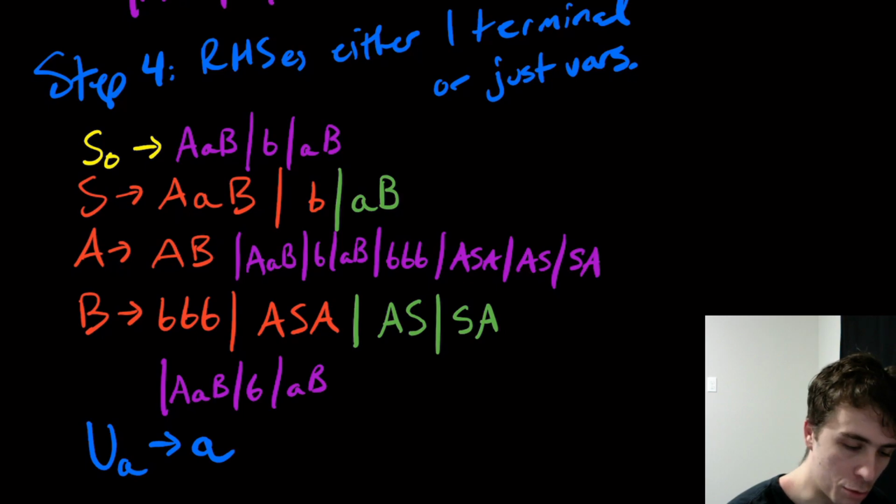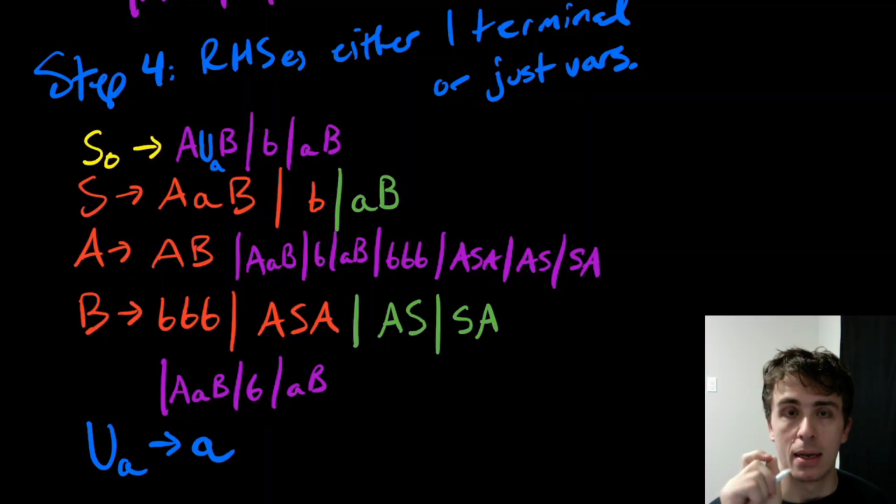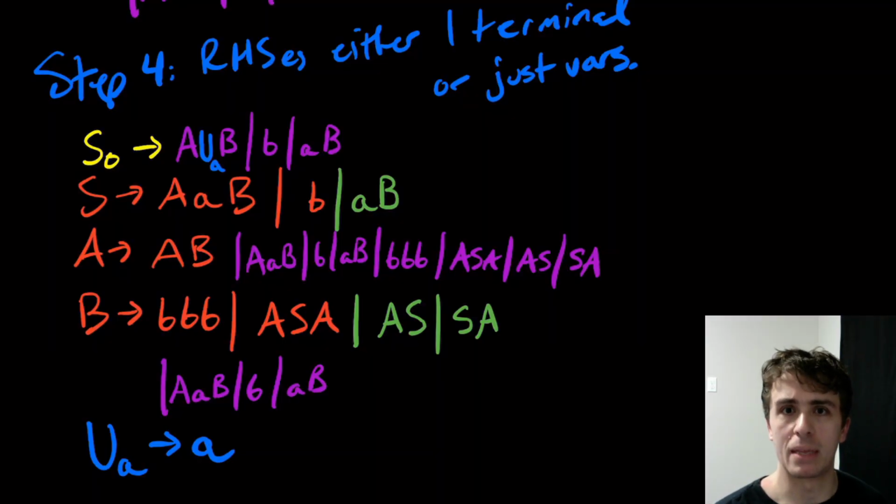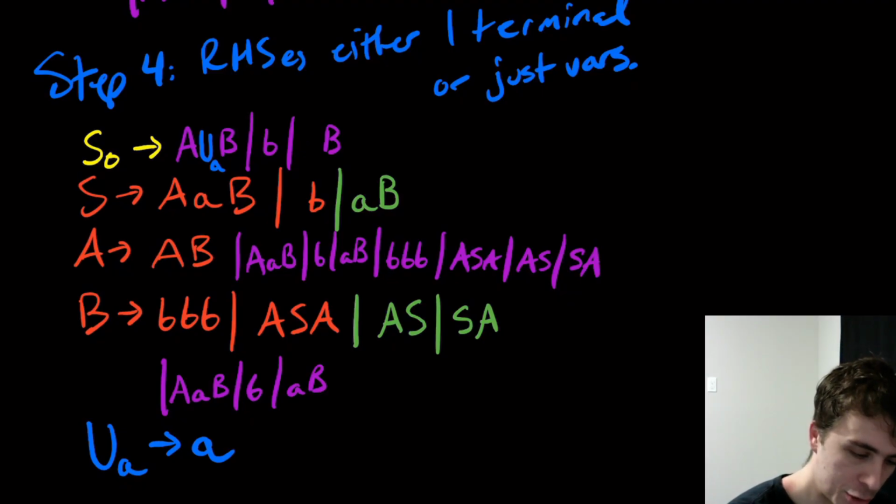Then we strategically replace all the little a's, as long as they're not just that one terminal, but with multiple terminals or a mix of variables. So here I'm going to replace it with u sub a. This one right here gets u sub a.